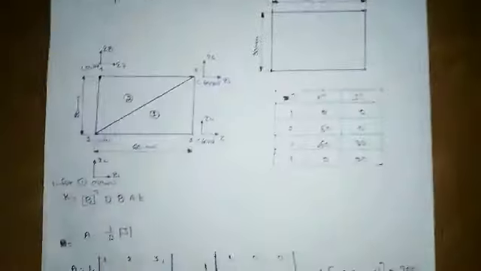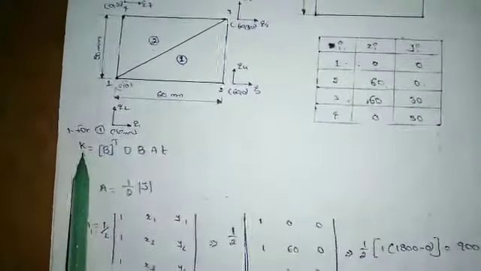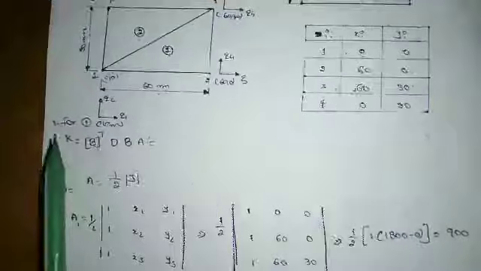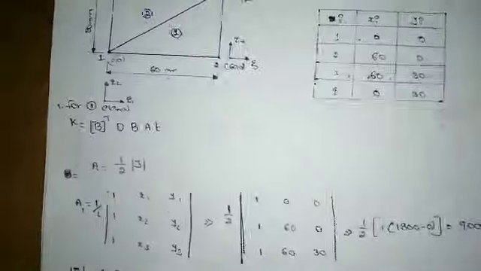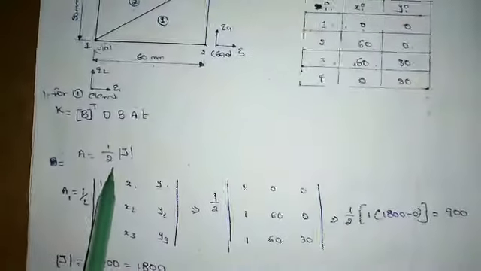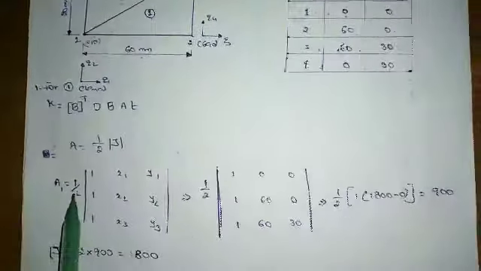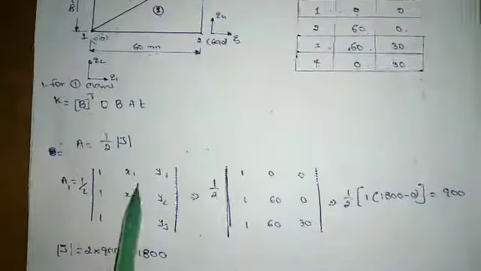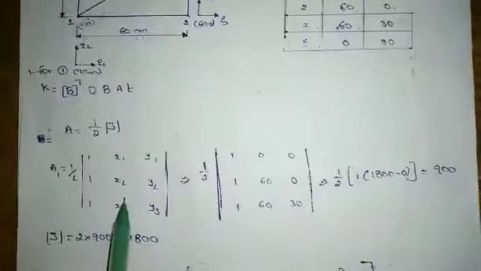For the first element, the stiffness matrix formula is k equal to t B transpose D B A. Here A equal to 1 by 2 of mod det J, or A equal to 1 by 2 times the determinant of the matrix [1 x1 y1; 1 x2 y2; 1 x3 y3]. This is the formula for area.